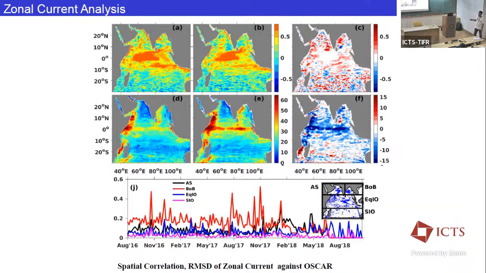This is the RMSE from our assimilation system. This is RMSE from our free system, no assimilation. And this one is difference between this and this. In this panel, blue means good, negative, okay? Blue means good and red means bad.